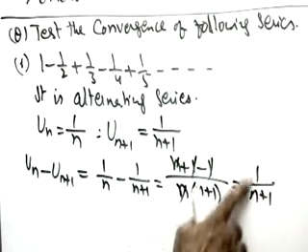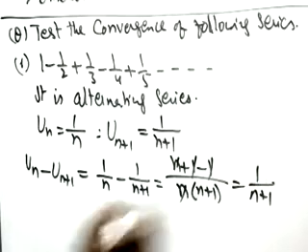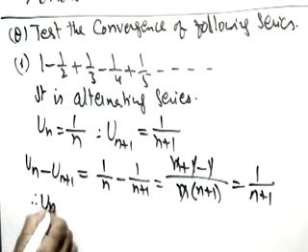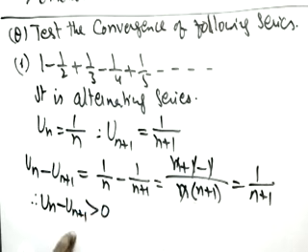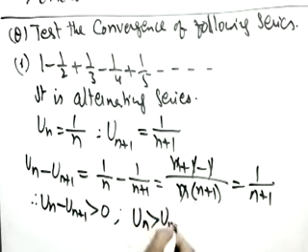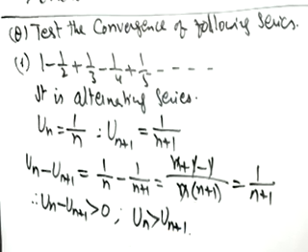You see here we got a positive number. This n is always a positive natural number, so this is a positive number greater than 0. Therefore, un minus un plus 1 is greater than 0. Bring this to the other side. Therefore, un is greater than un plus 1. So the first condition is satisfied.